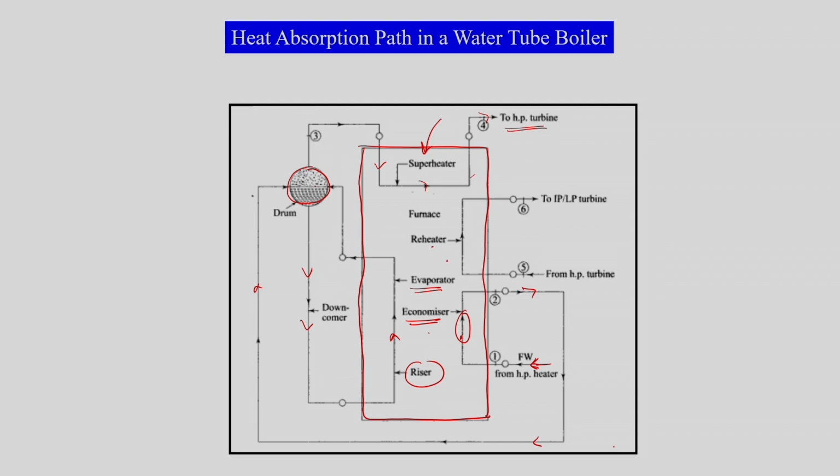Intermediate to this we will have the reheater, so we can take steam from the high pressure exhaust, and this steam will get heated in the reheater and be supplied to the low pressure turbine. So this is a schematic of the flow of gas in the steam generator, and the flow of water or steam in the steam generator.